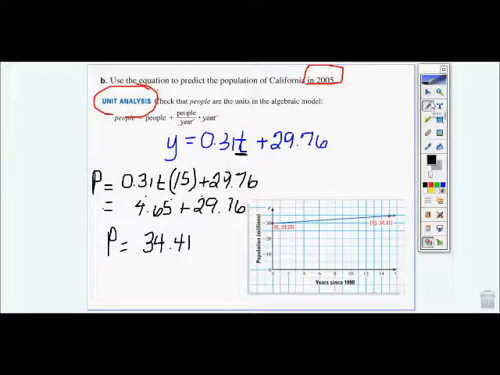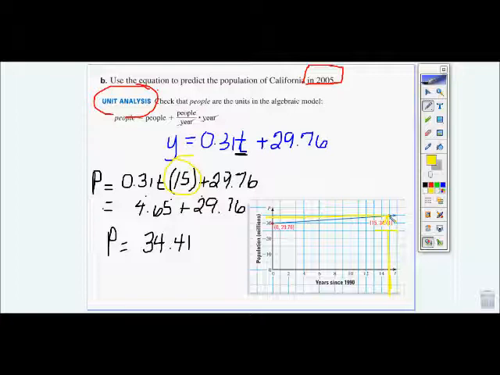So when I put my time in of 15 years, and I go to the graph at 15 years and follow that up on my linear equation, I'm going to see our answer of 34.41. So you can use real life situations and apply the linear equation to those.